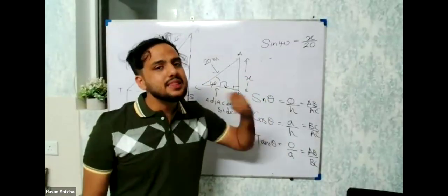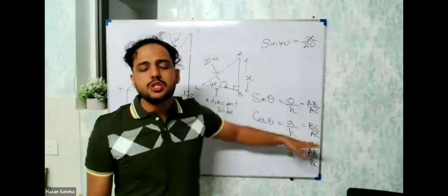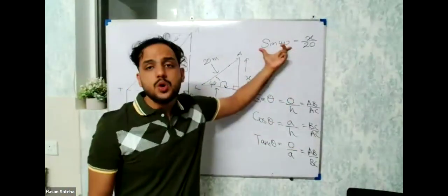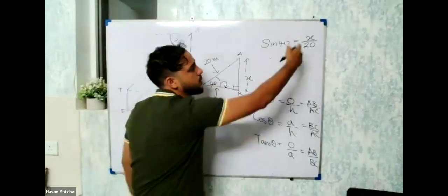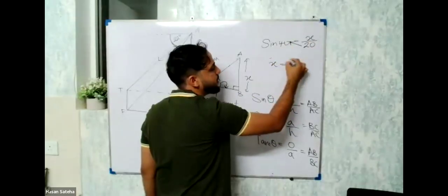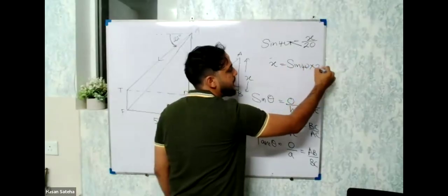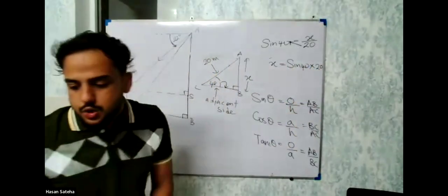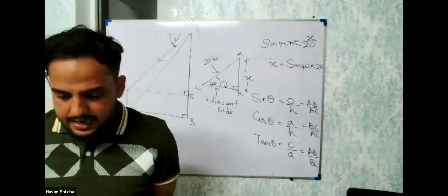By using the table, we can find out the sine values, cos values, or tan values. To find the value of x here, you cross multiply. X will be equal to sine 40, which we can find using the trigonometric table, multiplied by 20. Using that, you can find the value of x here. Is that clear, everyone?